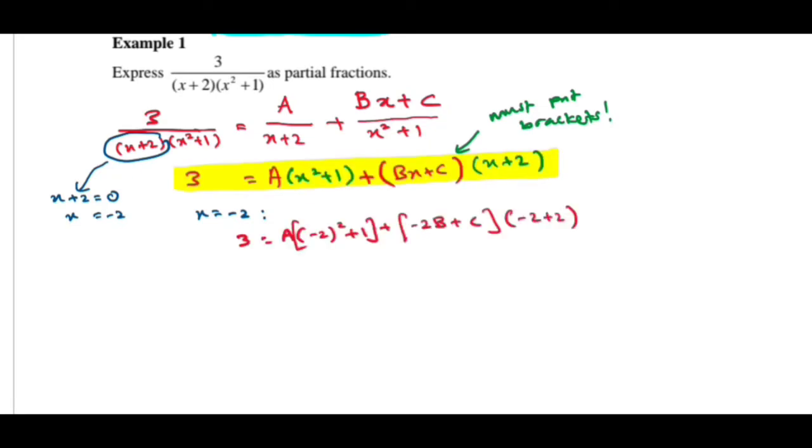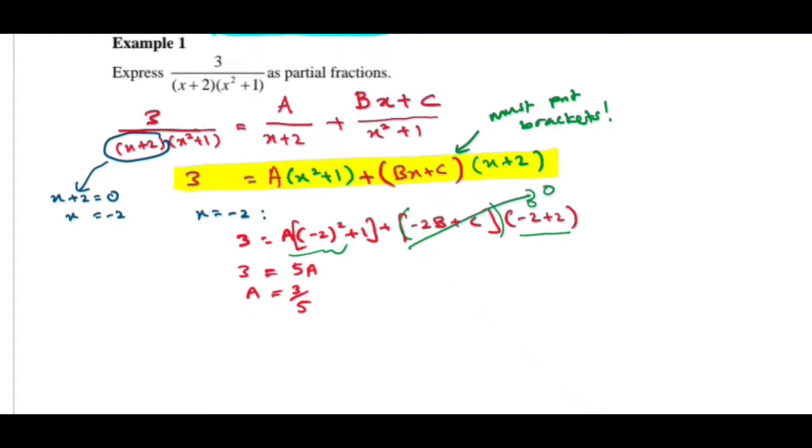And after you have substituted, you can see that negative 2 plus 2 behind here will be 0. So 0 multiplied with all of this is just 0. So b and c goes. So the only thing left is just a term. When you simplify this, you will get 5a and 3 on the left side. So a is just equal to 3 over 5.